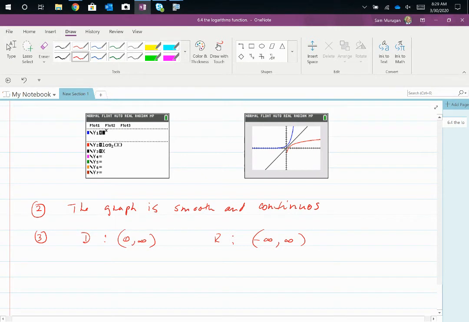At this point, I'm not going to go over more attributes, but perhaps we can also mention that the graph contains the points 1 and 0, because we mentioned this in the exponential function, so I wanted to relate it to this. Also a and 1, and 1 over a and negative 1.